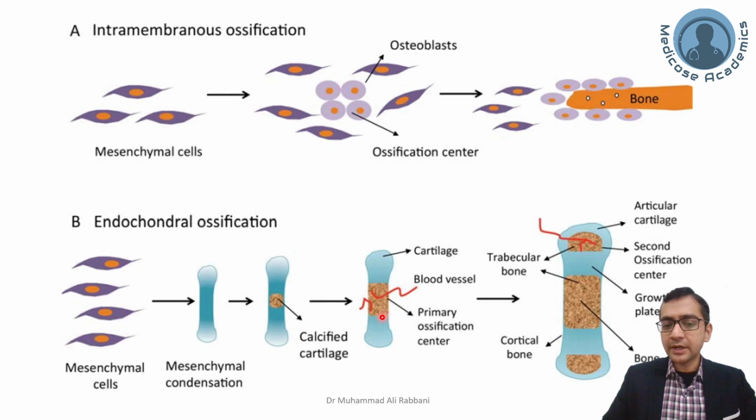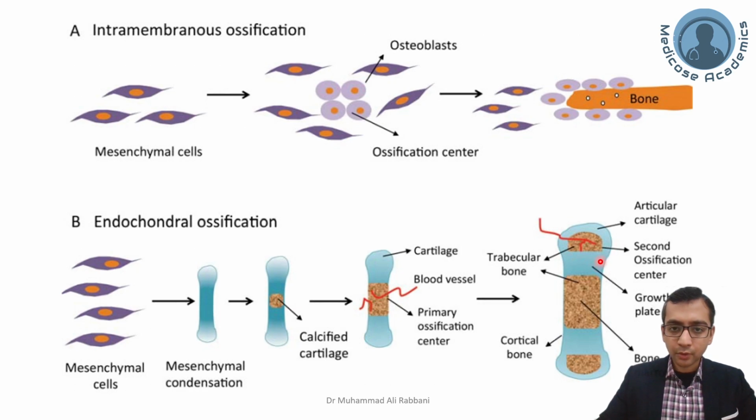These points form the secondary centers of ossification, and as you grow, these spread out to replace the cartilage. Then there is cartilage remaining between the secondary and primary ossification centers, that is known as the growth plate.